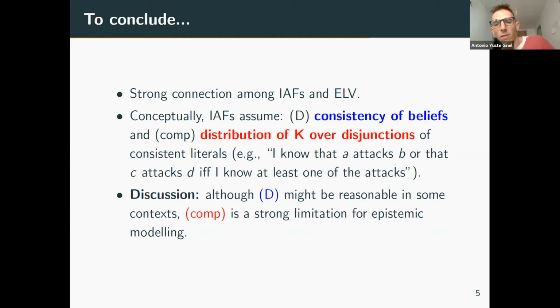And conceptually, we have found that incomplete AFs assume consistency of beliefs, which can be acceptable because it's somehow standard in the syntactic logic. But also this distribution of K over disjunction of consistent literals, which can be a strong limitation for epistemic modeling in some contexts.